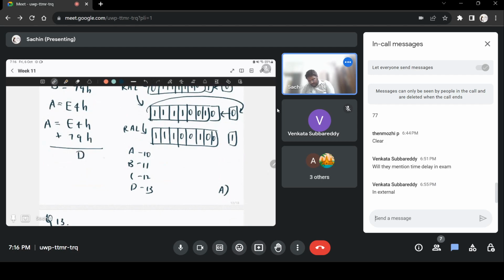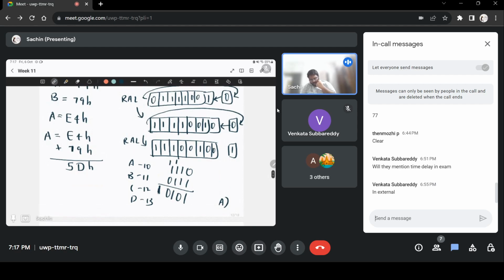So it's D. E is 14, plus 7. So 1 plus 1 is 0 with a 1 carried over. 1 plus 1 plus 1 is 1 with a 1 carried over. 1 plus 1 is 0 with a 1 carried over. So you get 0101, which is 5DH, and there was a carryover. So carry bit is still 1.